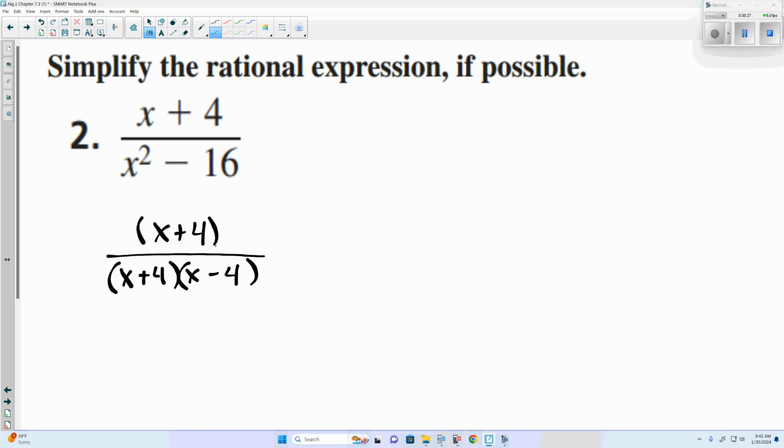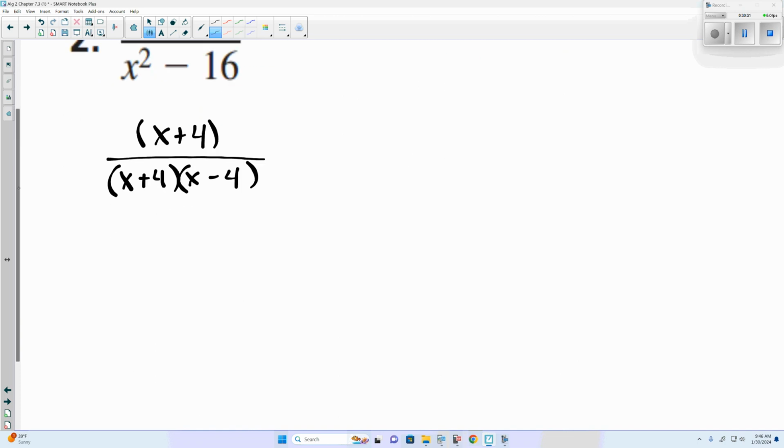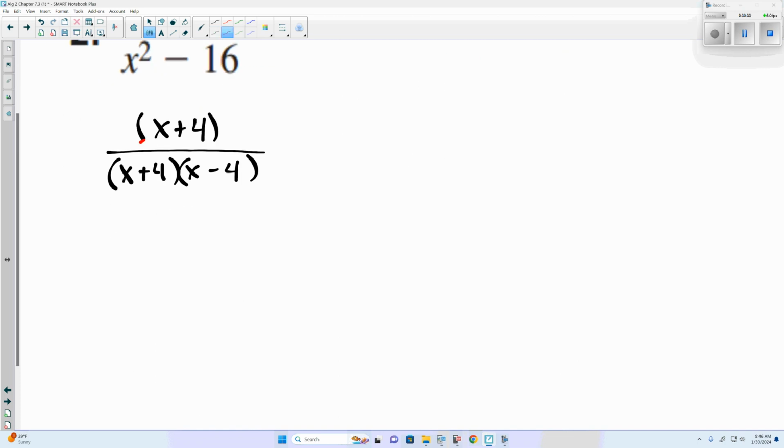And that would be our x plus 4 and x plus 4, yes? So these would simplify, because the denominator would remain x minus 4. And again, when anything simplifies out completely, it reduces to 1. So this just reduces to 1 over x minus 4.